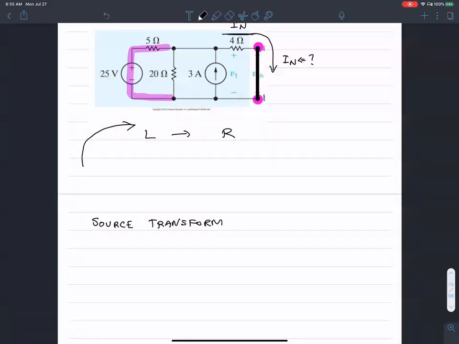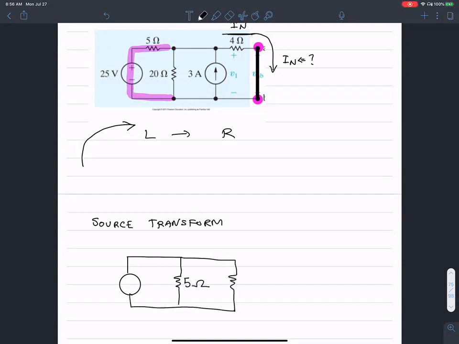Remember, the idea of source transformation is that a voltage source with a series resistance can be converted to a current source with the same 5 ohm resistance, but that's in parallel now.